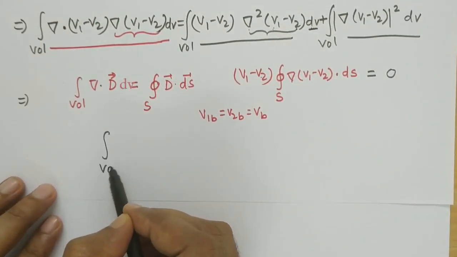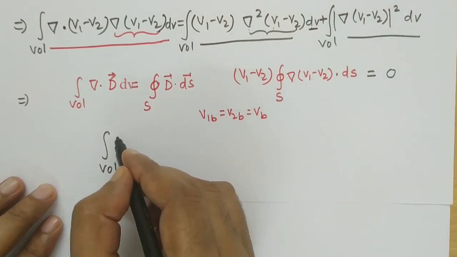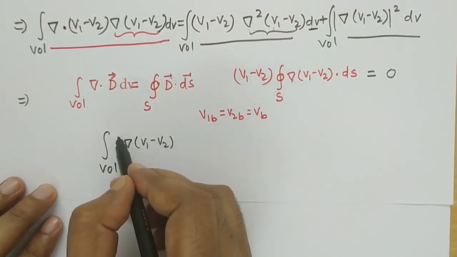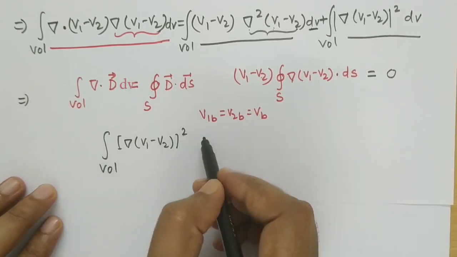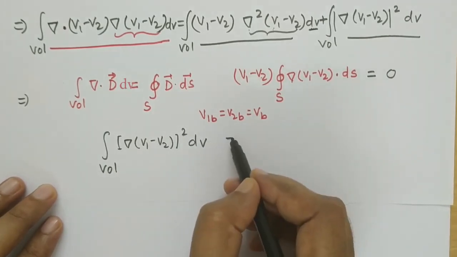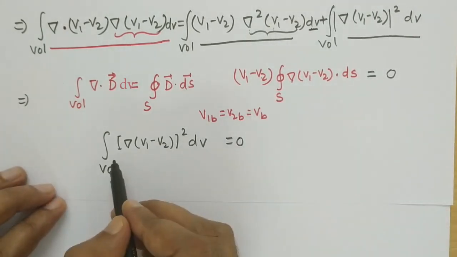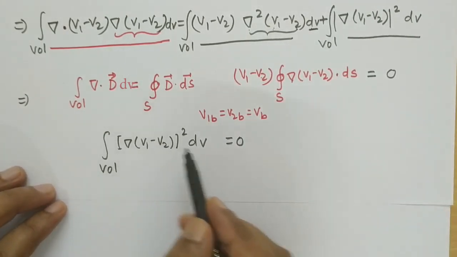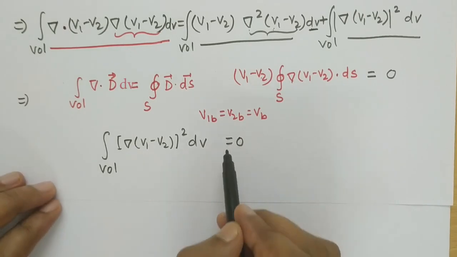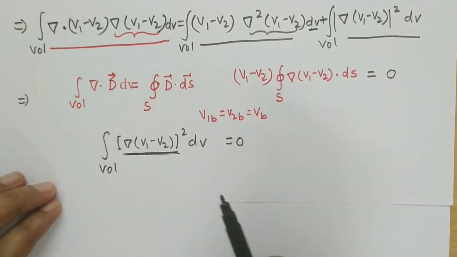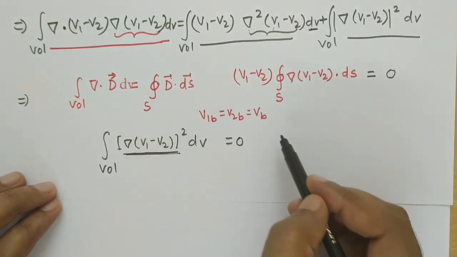So we have volume integration of this quantity, which is del V1 minus V2 square dV equal to 0. Now see, any integration may be 0 if the integrand, here integrand is this quantity, is itself 0. There are two reasons.